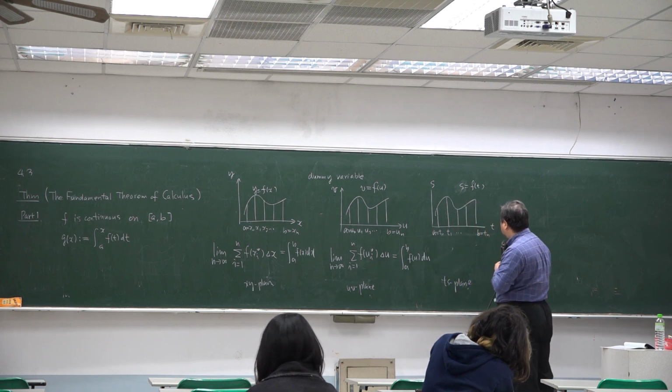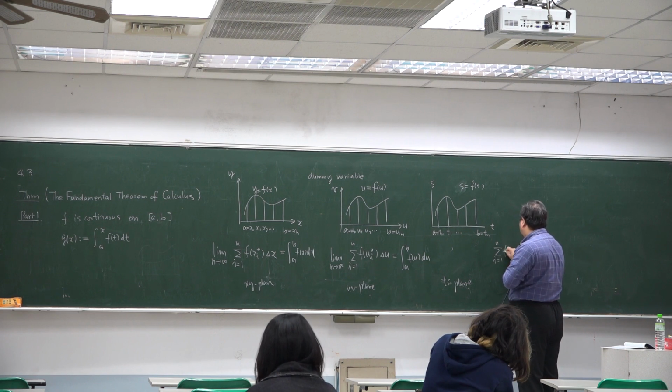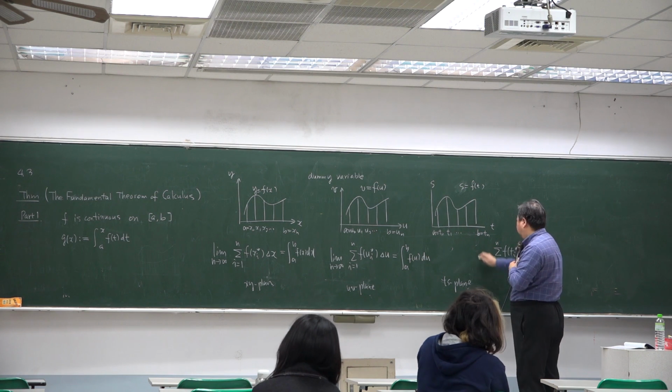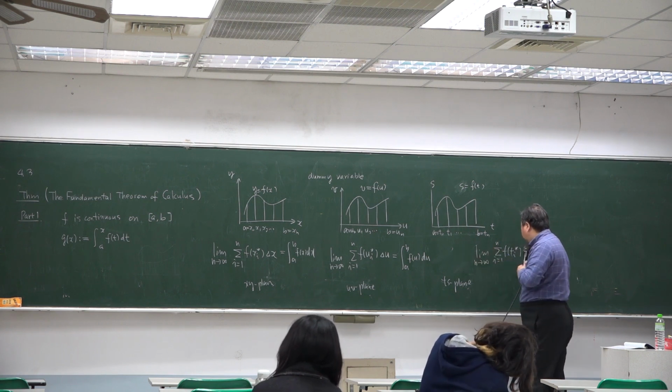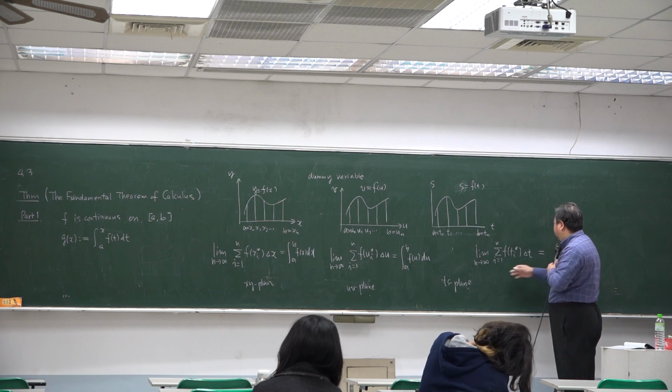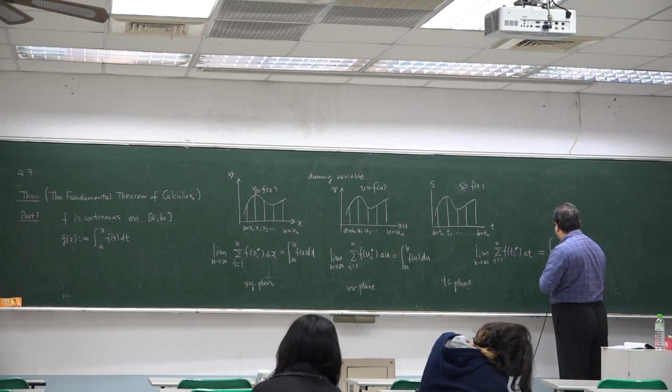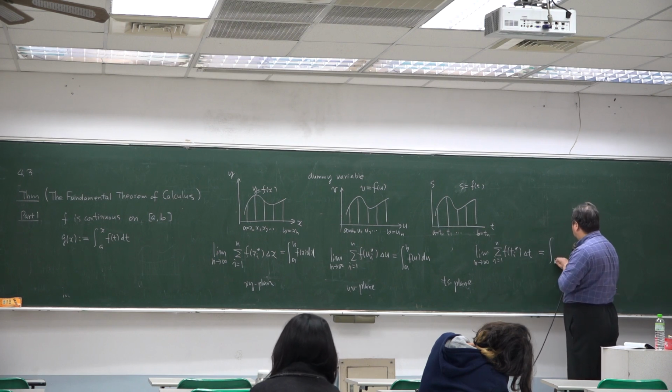Now the Riemann sum becomes the sum from i equals 1 to n of f of ti star delta t. So we express this limit of Riemann sum by integrating from a to b, f, the integrand, with respect to t.